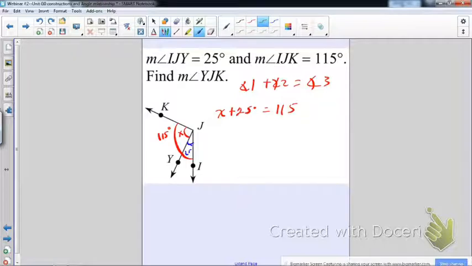And from here, we just do the subtraction property of equality, where we get to subtract 25 from both sides. That simplifies, and then we're left with X equal to 90 degrees. And it's super simple. So 90 degrees plus 25 will give us that 115. And that's what I wanted to know. What is KJY?